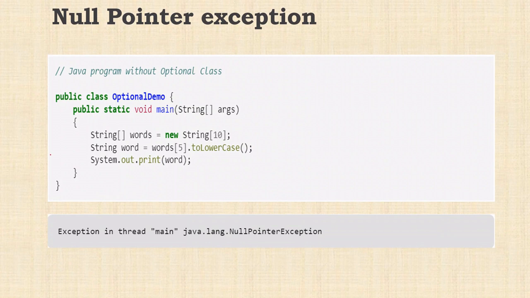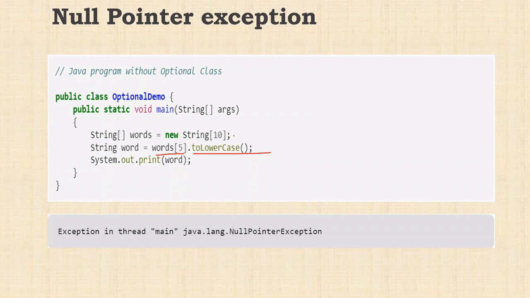So this is a NullPointerException. How can you get a NullPointerException? One small example is there. This is a string array. We have 10 strings inside the array. And what we are doing here is words[5].toLowerCase, we are operating on words[5] to lowercase.